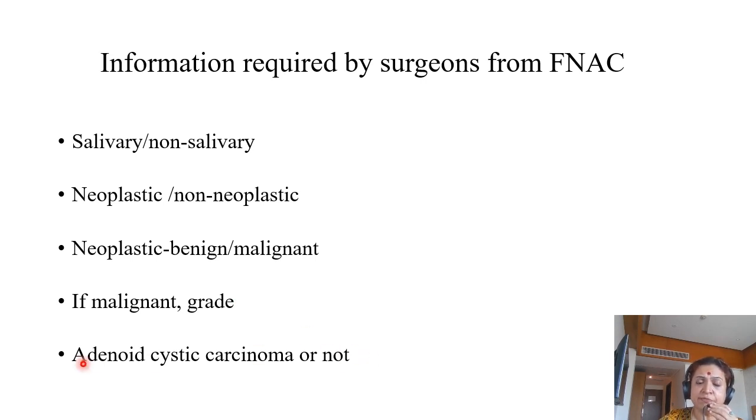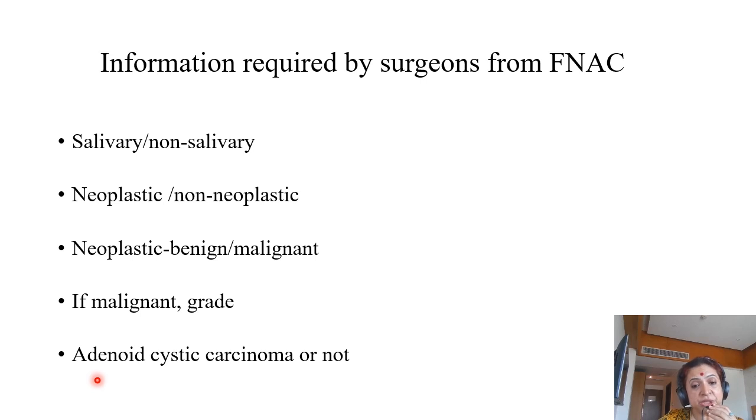And if possible, always try to diagnose an adenoid cystic carcinoma, because these tumors always need a radical surgery, because it is very difficult to get a clear margin in surgery, and many a time you need frozen section, and even in frozen section, though grossly you may not see the tumor, microscopically it is highly likely to see the tumor going on to the margin.